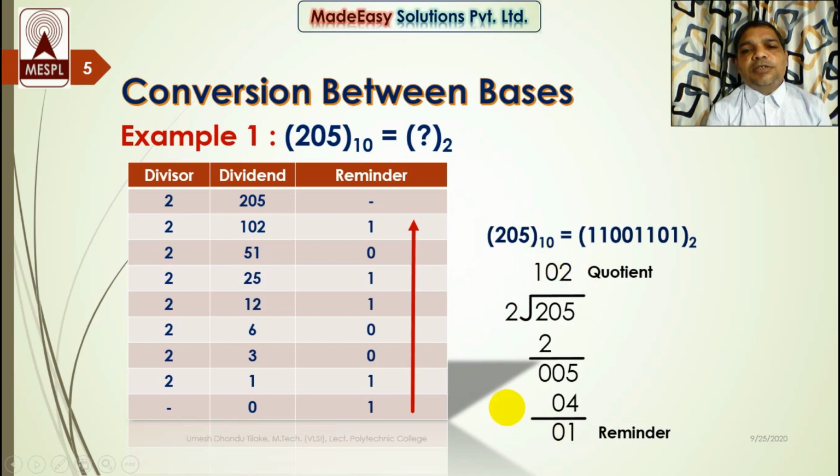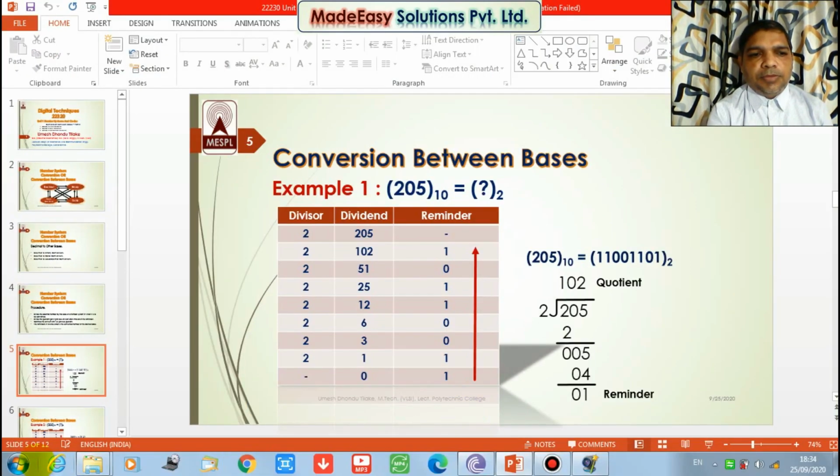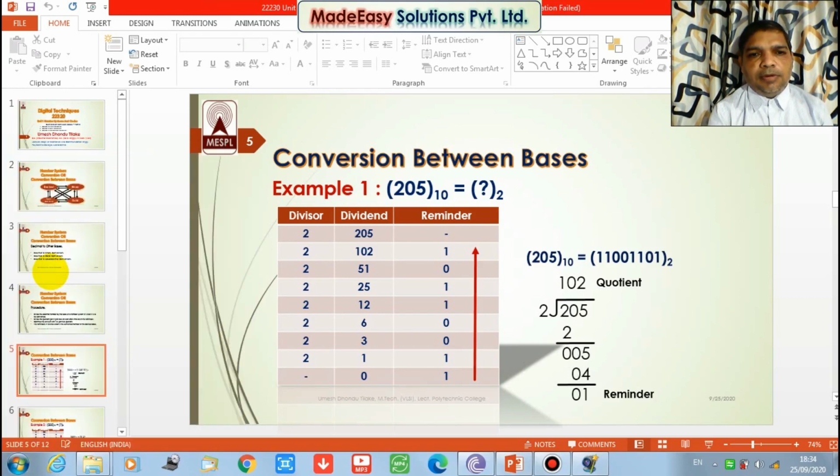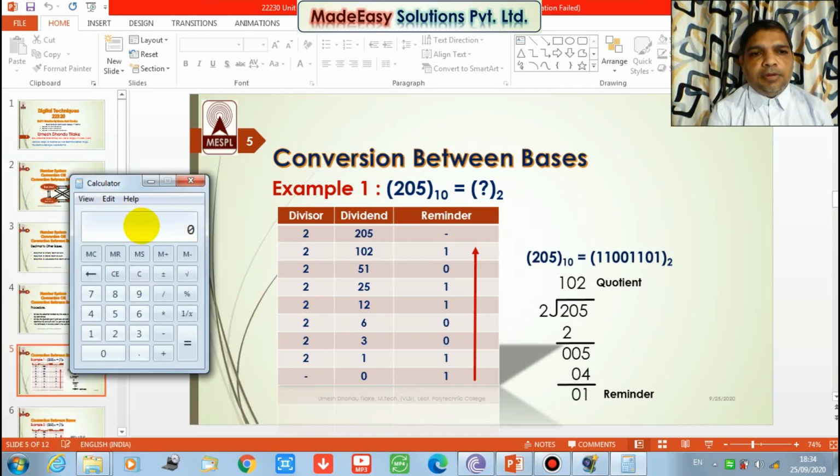You can use this conventional division process for all the division steps over here, or you can use the calculator also. I can show you the use of the calculator as well. So here just go to the calculator. Now here 205 is our dividend and divide it by 2.